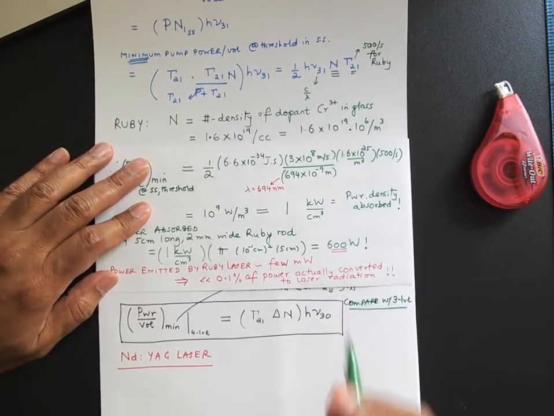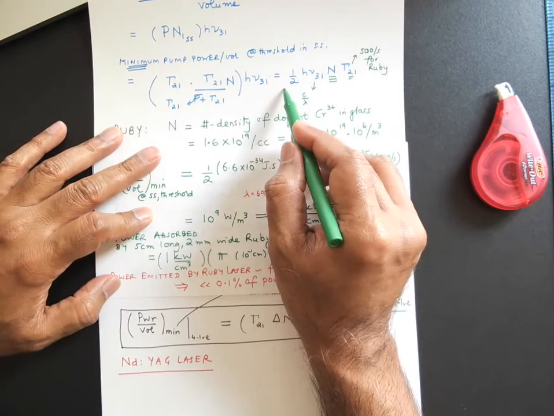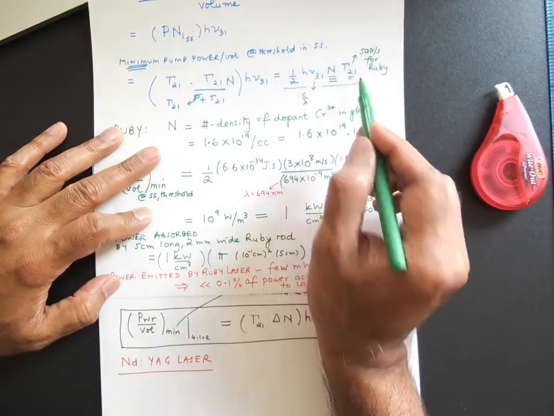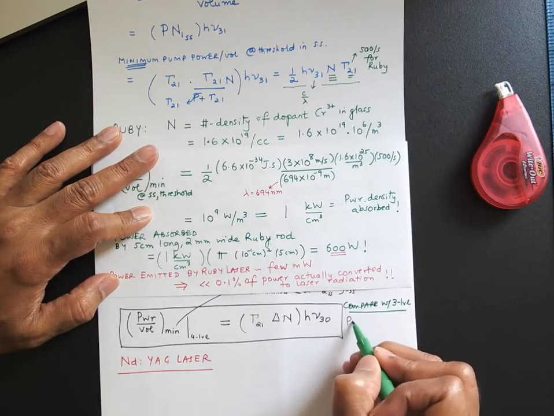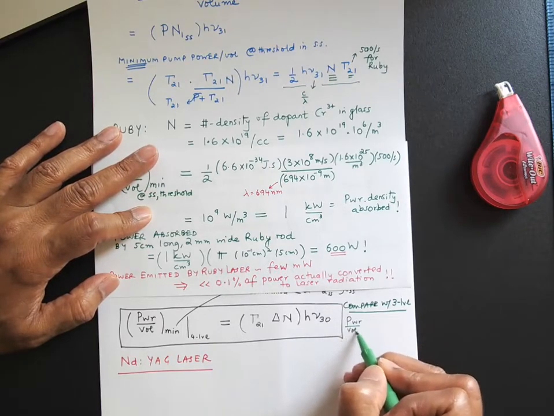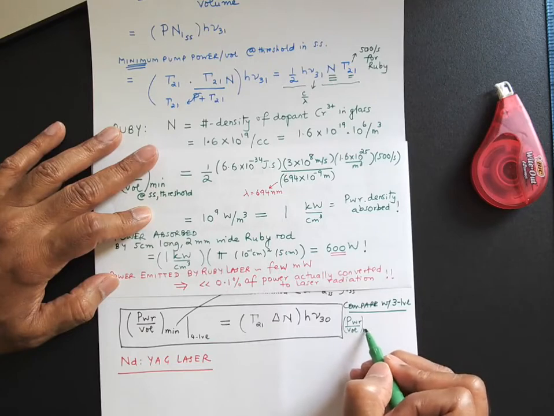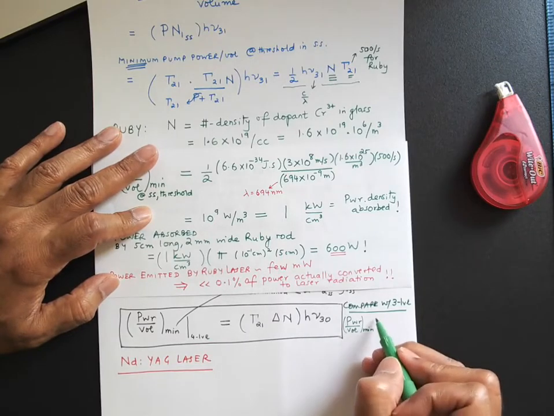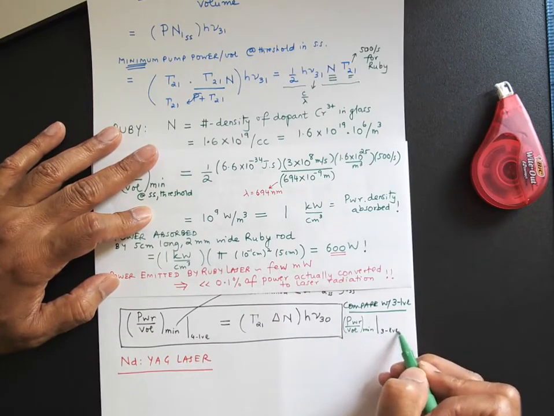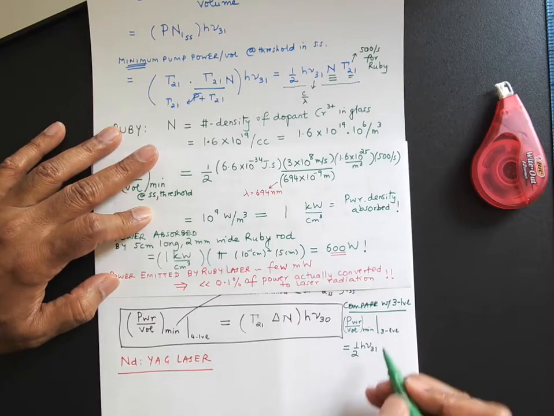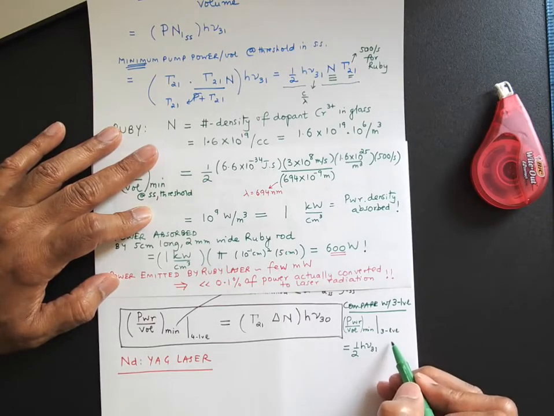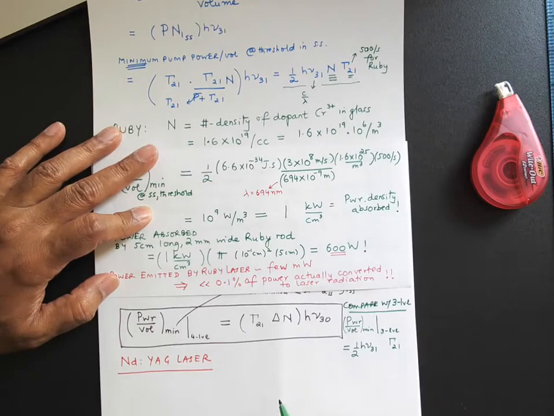We had the minimum power per unit volume, which was 1/2 H nu 3,1 and there was a gamma 2,1 there also. So far it looks kind of the same, right? Forget the 1/2.